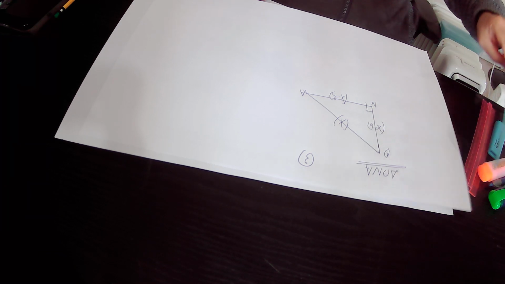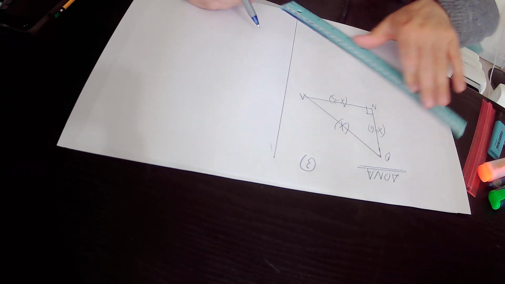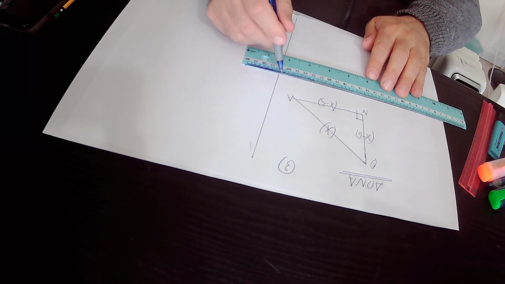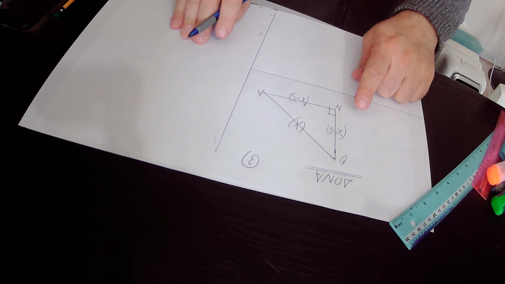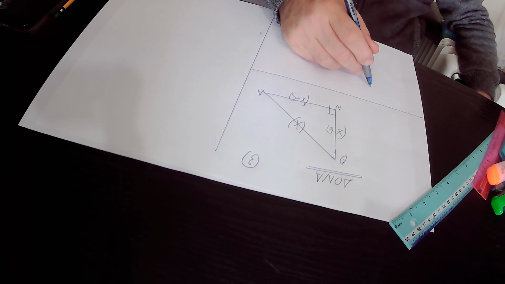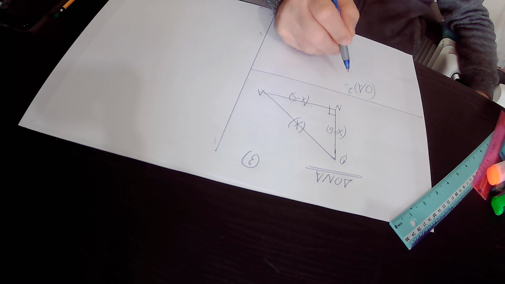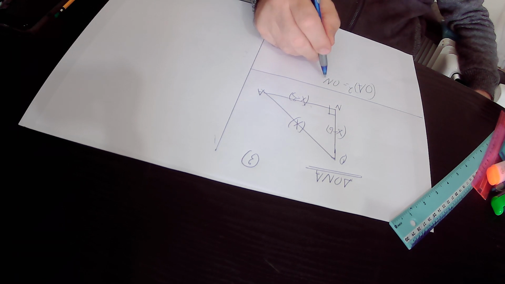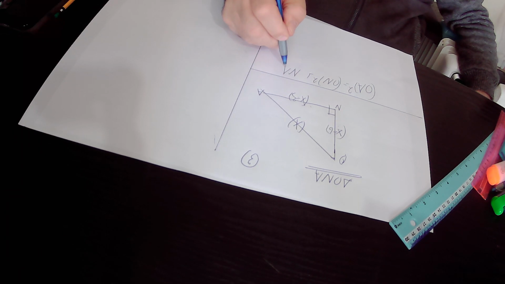According to the Pythagoras theorem, in any right triangle, the square of the hypotenuse equals the sum of the squares of the perpendiculars. The hypotenuse in the right triangle ONA is OA. Therefore, the square of the hypotenuse is OA squared, and it must be equal to ON squared plus NA squared.